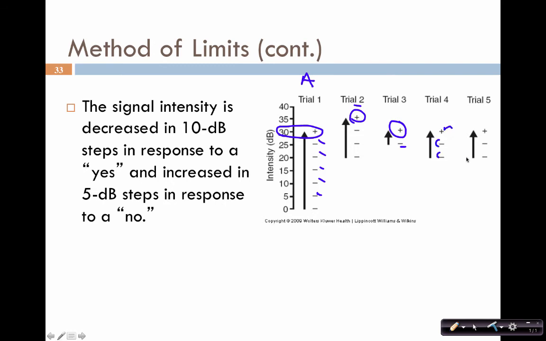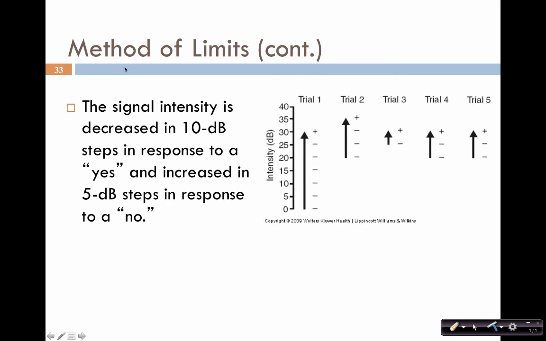They present at 30, and then you repeat that at trial 5. There's a no response, and then at 30 again they hear it. So in this case, the signal intensity is manipulated until you get to a level at which the person responds.